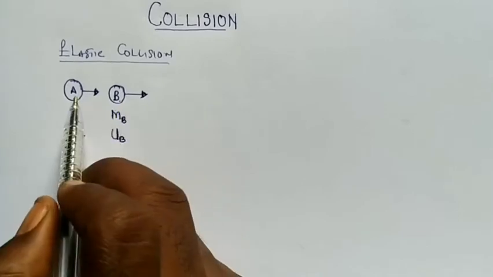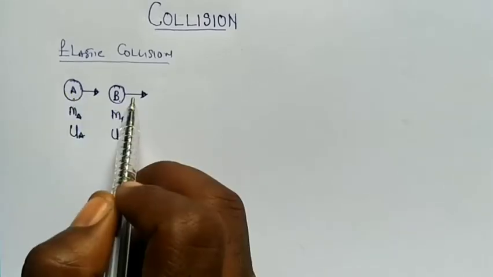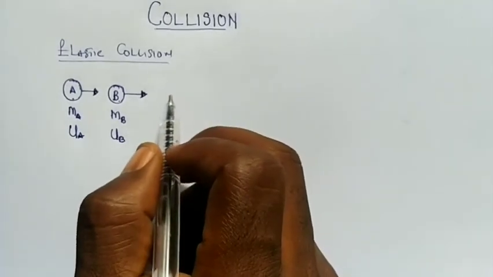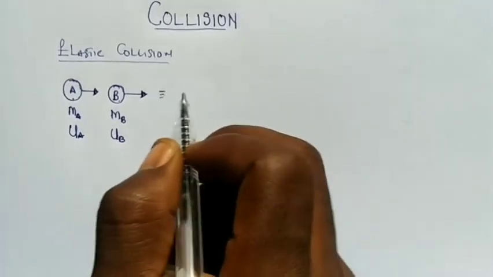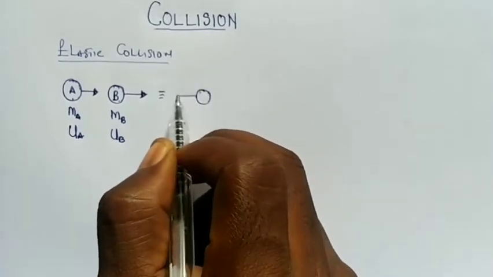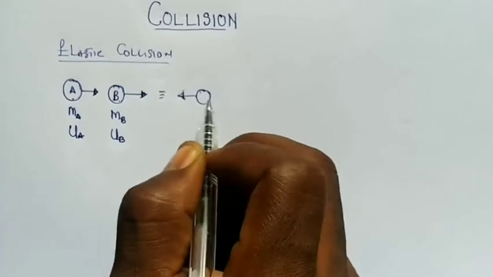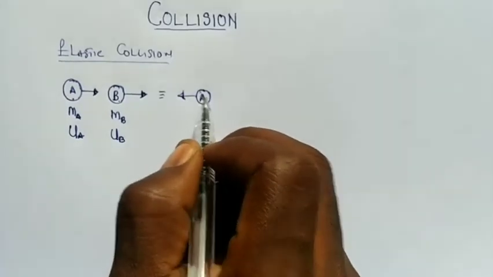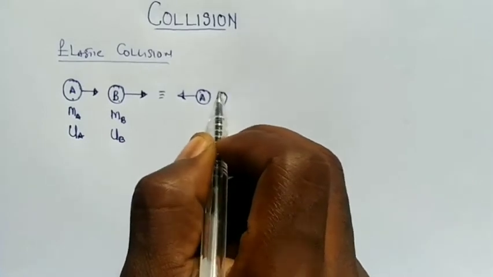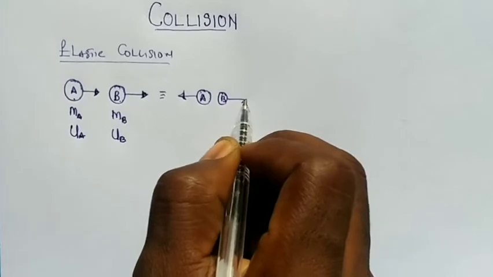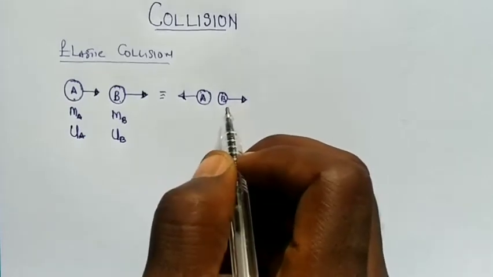Now when A is moving and it collides with B, what happens? If the two bodies tend to separate, probably A, there is now a backward movement of A, and B keeps moving forward, right?